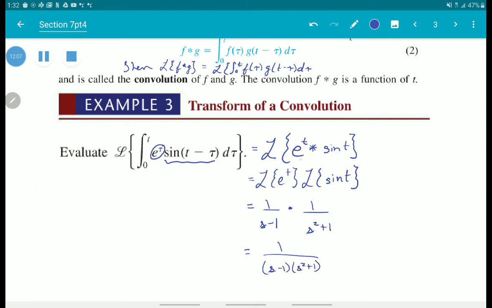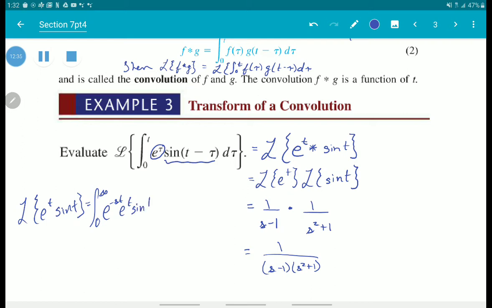Taking this, which is actually a cleverly written convolution, and finding the Laplace of that. Now, if this were not a convolution, if it were just simply e to the t times sine of t, to solve that we have to go back to the definition, unless there's a formula shortcut.